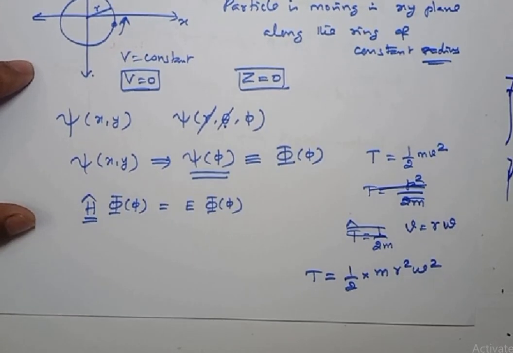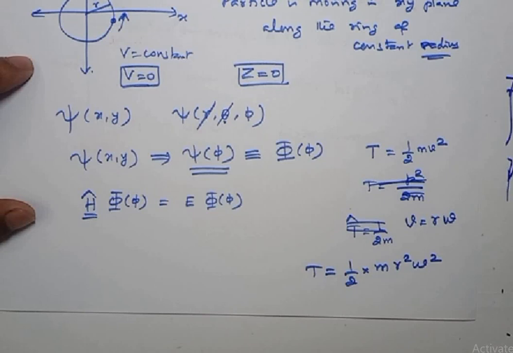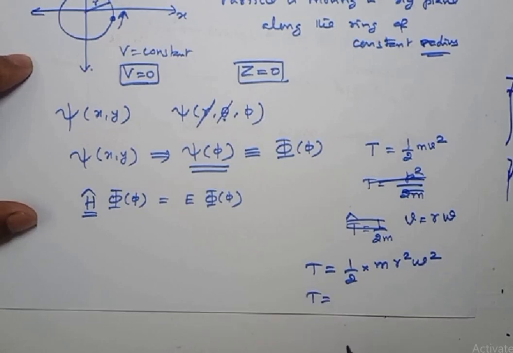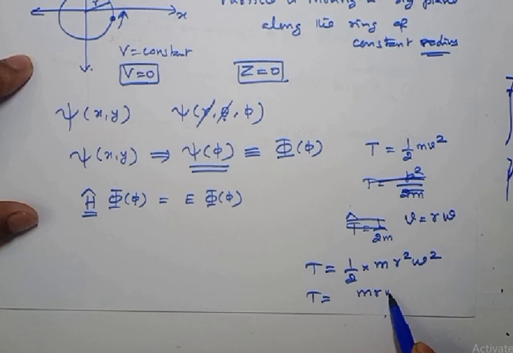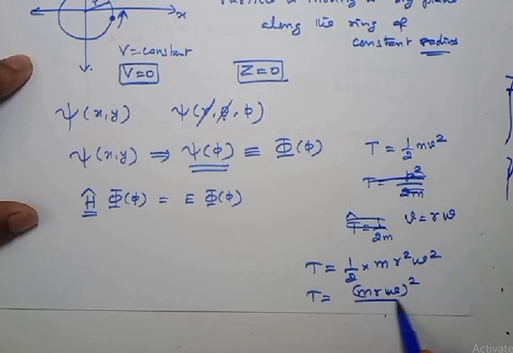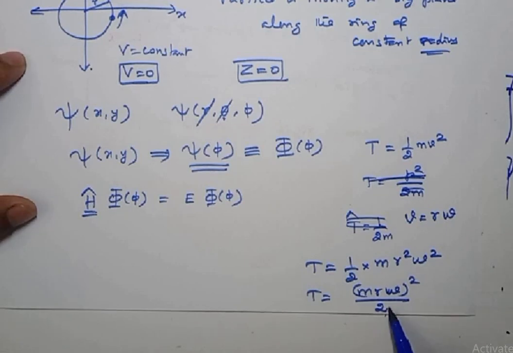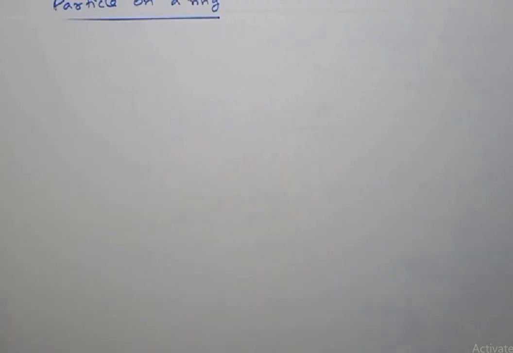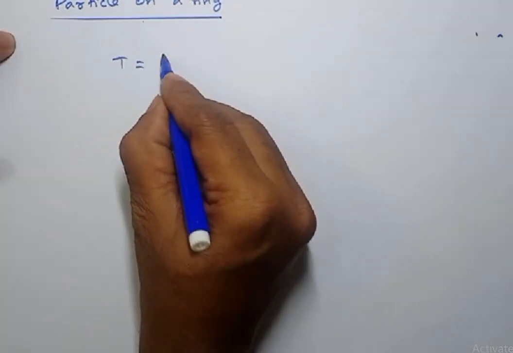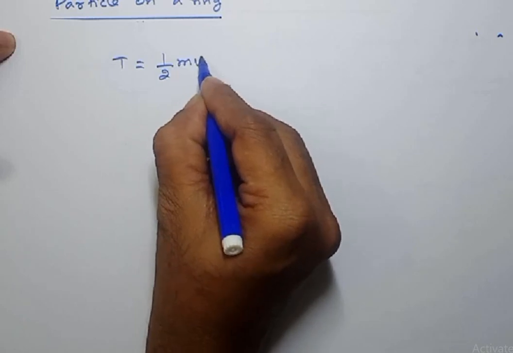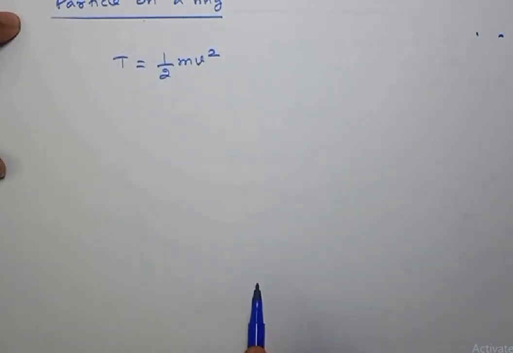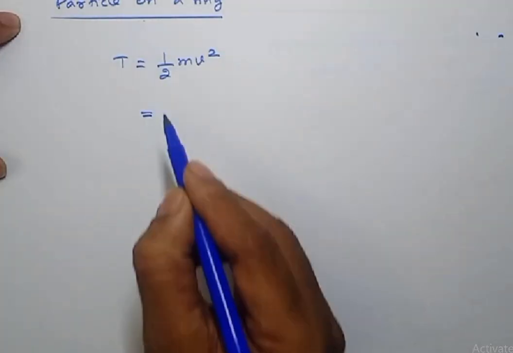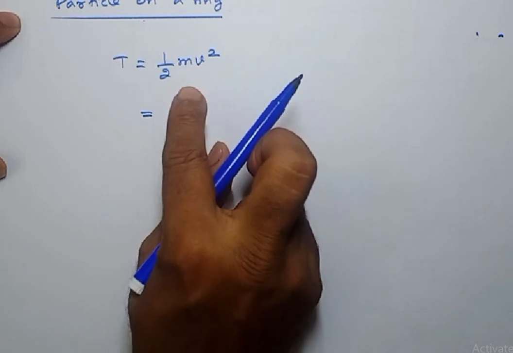Now, what I am going to do is multiply the numerator and denominator by m into r square.